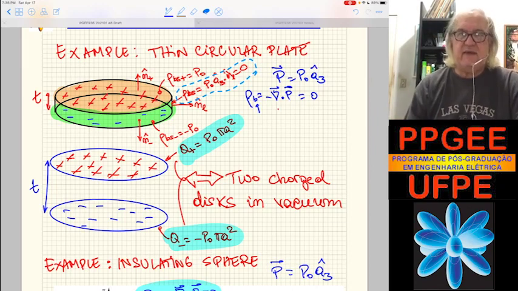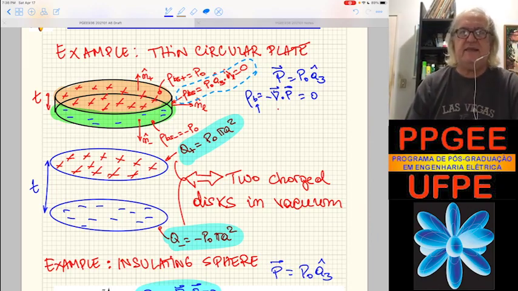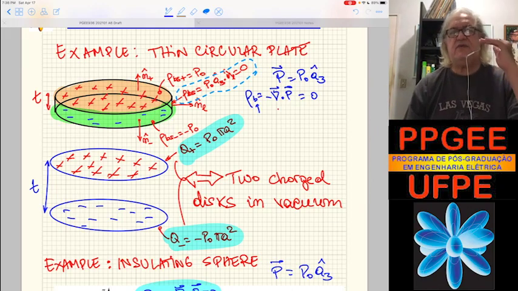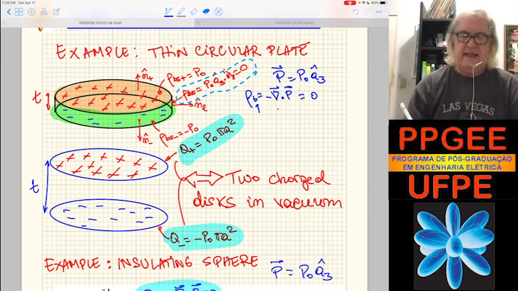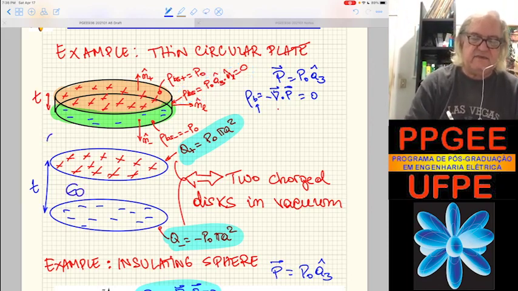So effectively, you remove the plate and put two thin charge regions, and in between them you have vacuum.